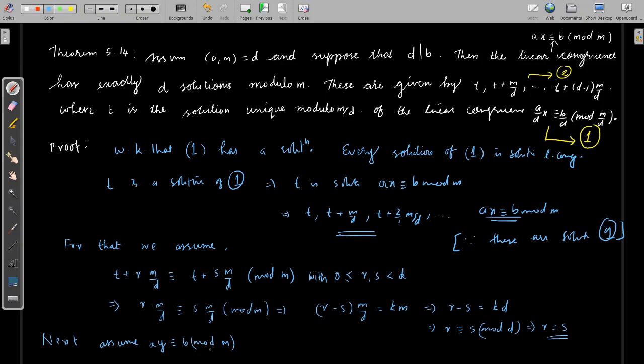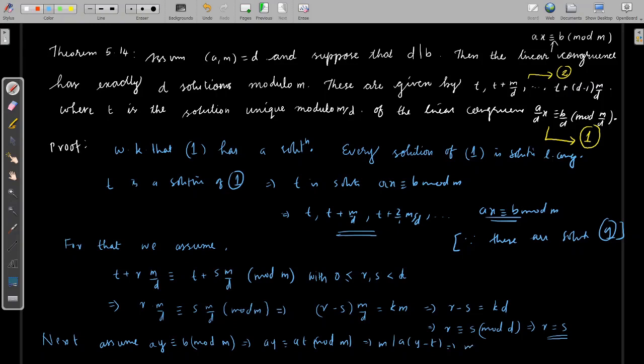For that we assume ay ≡ b mod m. Since t is the solution of the equation ax ≡ b mod m, we get ay ≡ at mod m. This implies m divides a(y − t).